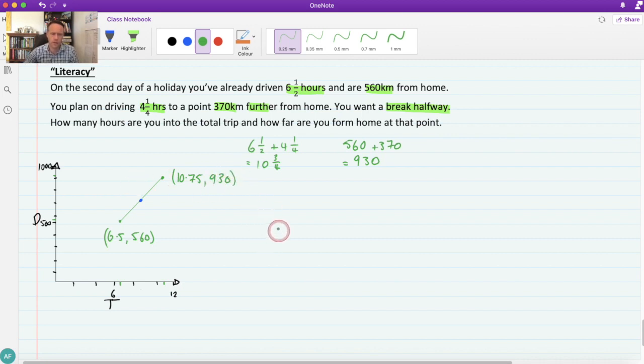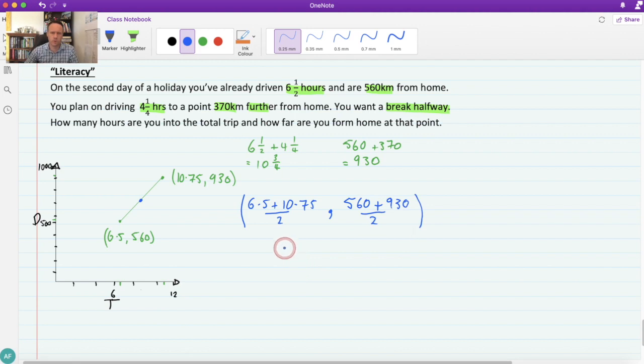So that midpoint, let's throw that into process. The midpoint is going to be 6.5 plus 10.75 divided by 2, and then we have 560 plus 930, the endpoint, divided by 2.